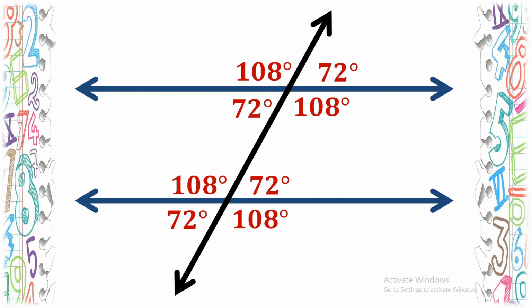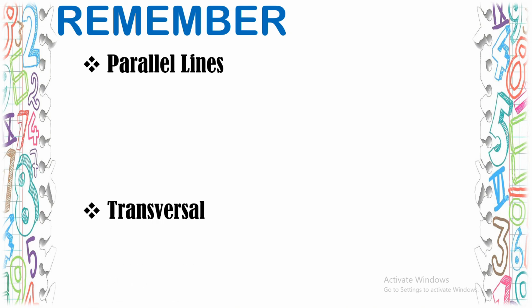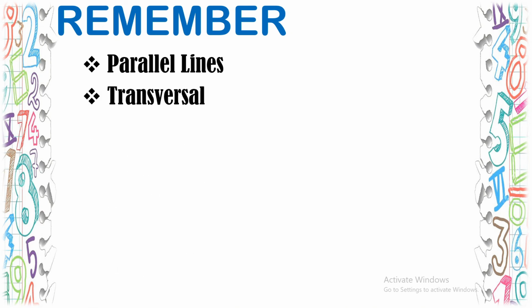But before we end this video, always remember that parallel lines are lines that do not intersect. And a line that intersects parallel lines or any other two or more lines at different points is called a transversal.